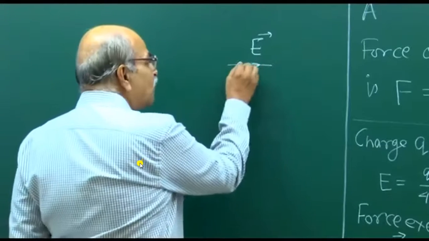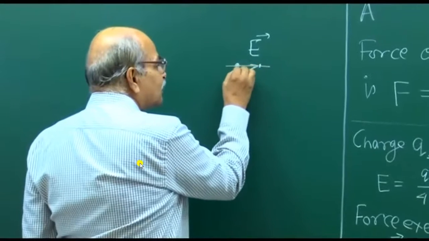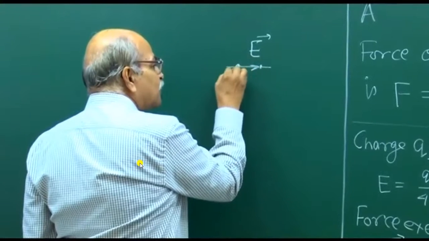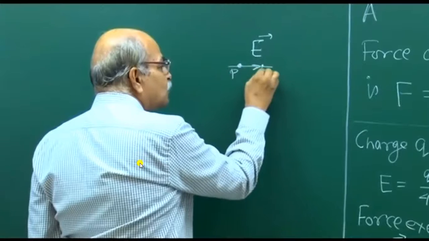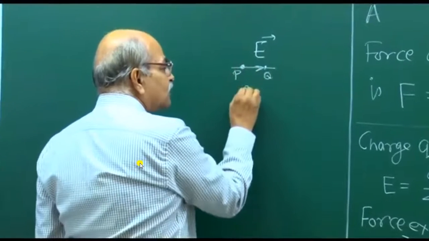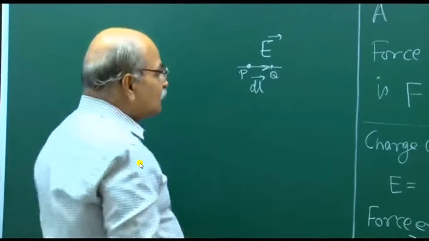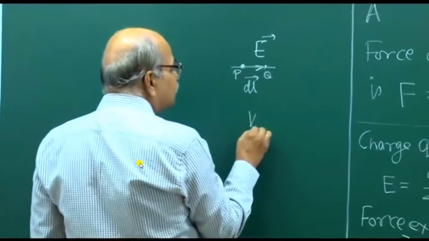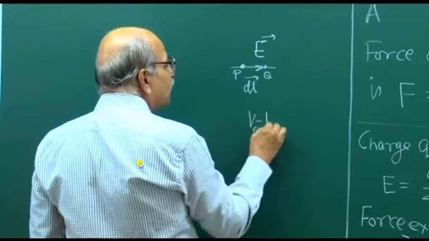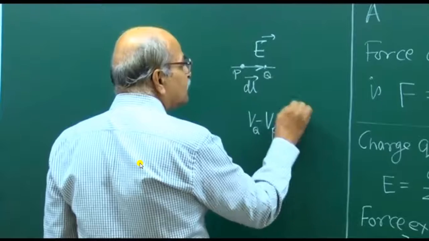and you go a small distance along the direction of the electric field. Suppose this point is P and this is some point Q, and the separation is small, say dl, and you can put this vector also. Then V at Q minus V at P will be minus E dot dl.